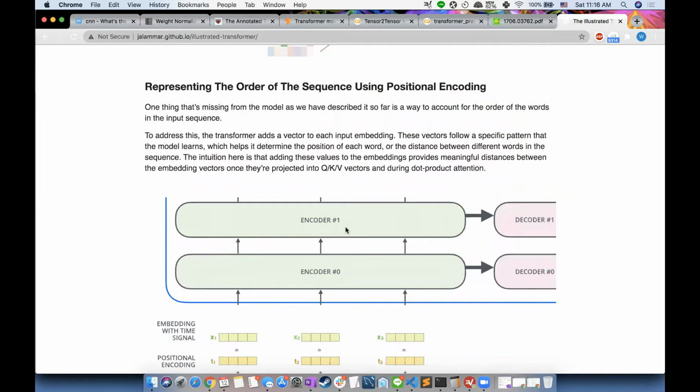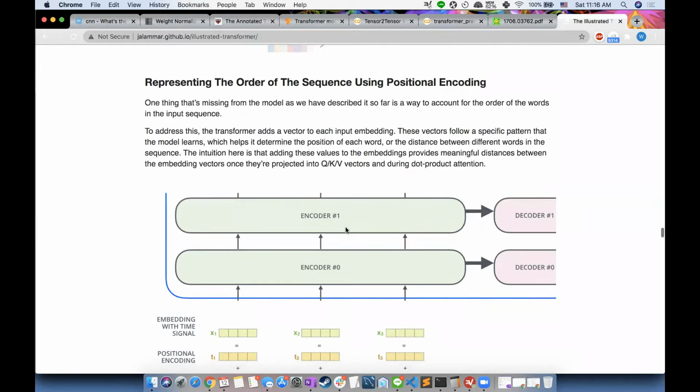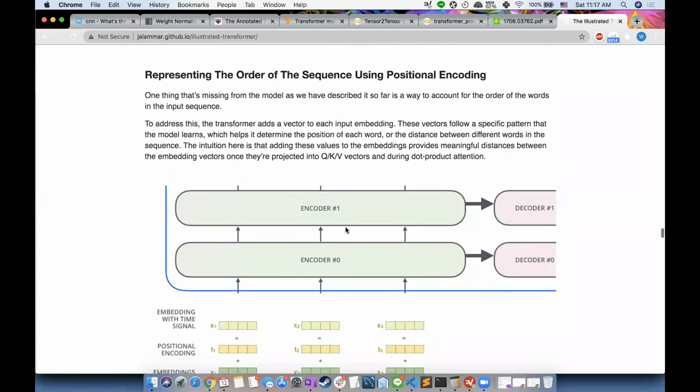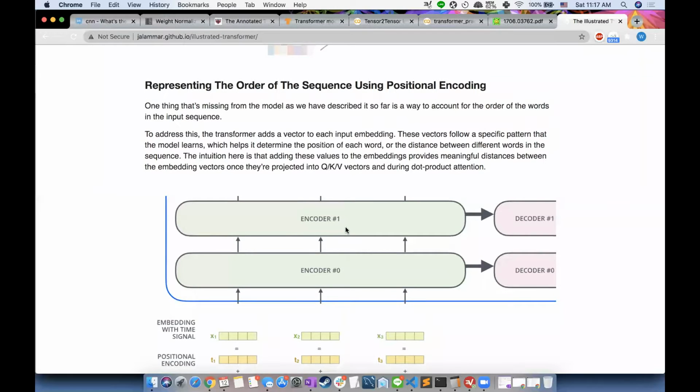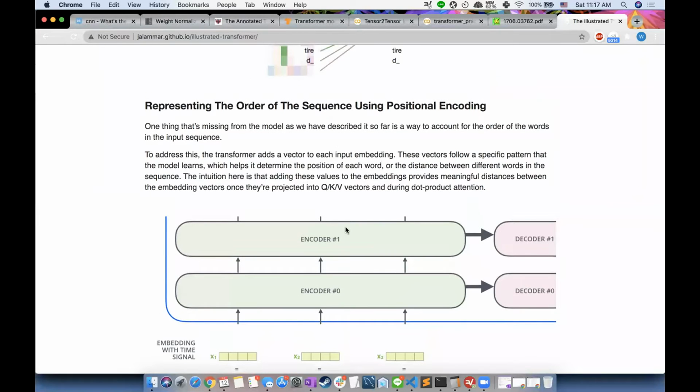Yeah, so I think each encoder is nothing but a layer. As we go, a different layer is capturing a different representation of the word or a sentence, and all of them are going parallel.